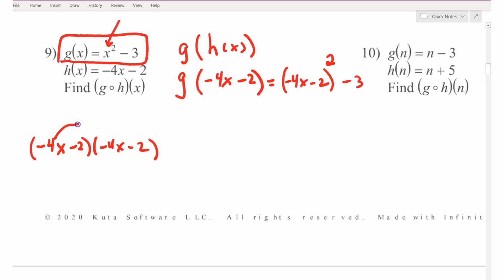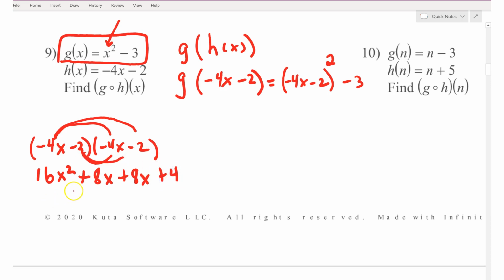Negative 4x times negative 4x gives you 16x squared. Negative 4x times negative 2 gives you plus 8x. Negative 2 times negative 4x gives you 8x. And then negative 2 times negative 2 gives you positive 4. So what do you have? You have 16x squared plus 16x plus 4.